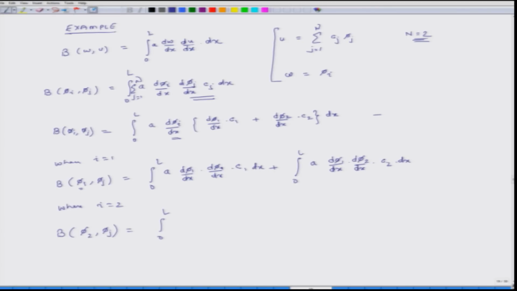And actually this should not be C, it should be u, because this entire thing is u, right. So, this is equal to d phi, and if i is equal to 2, then I get here this thing.